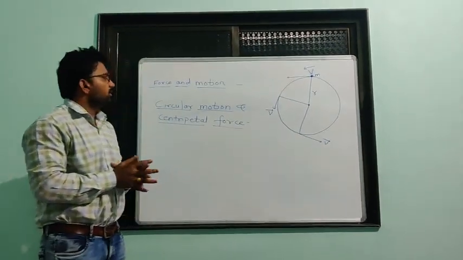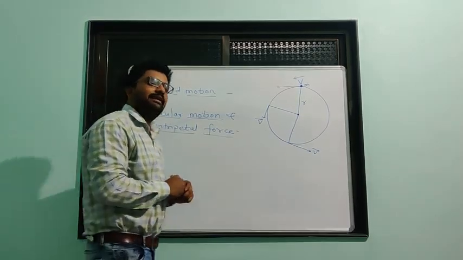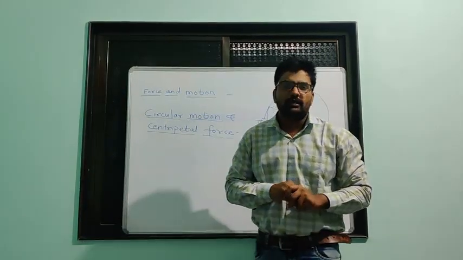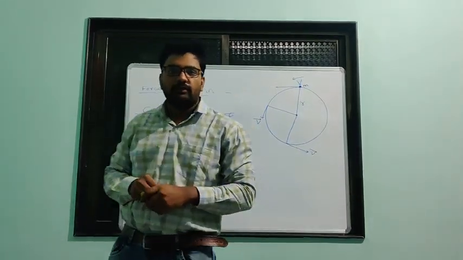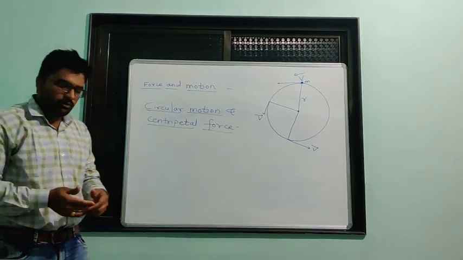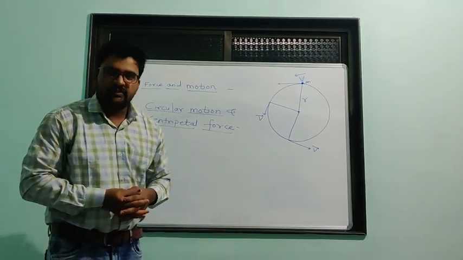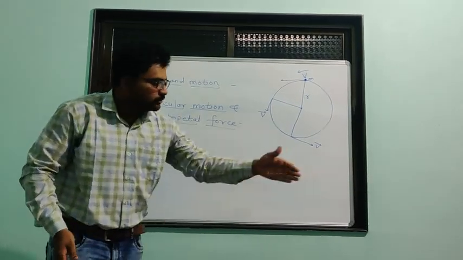So the next topic we have to see is force and motion. We have already studied force in detail. Force is a very basic quantity required for the motion of any object. Now suppose I place one object here and I want to move it from here to that position.